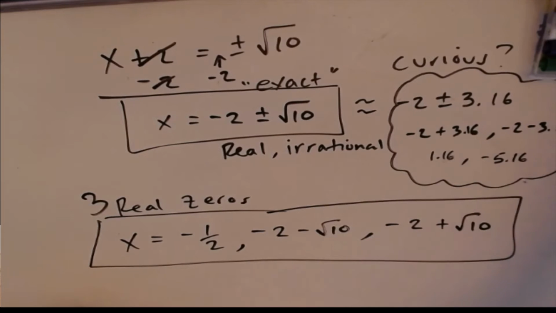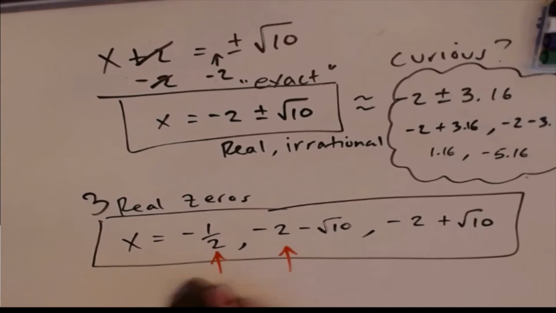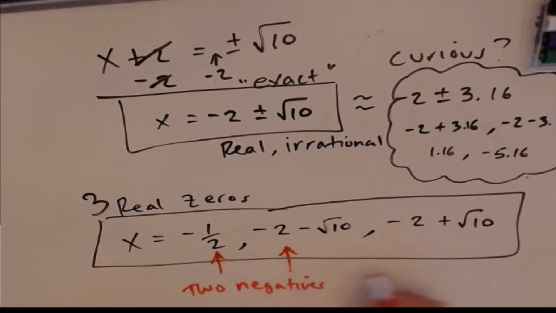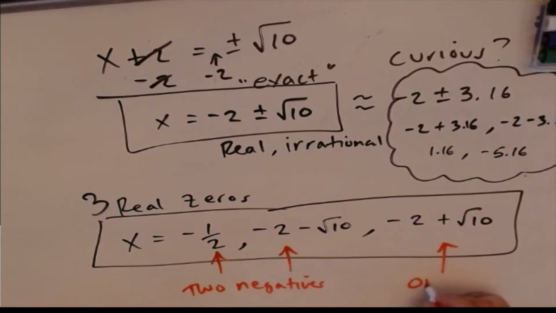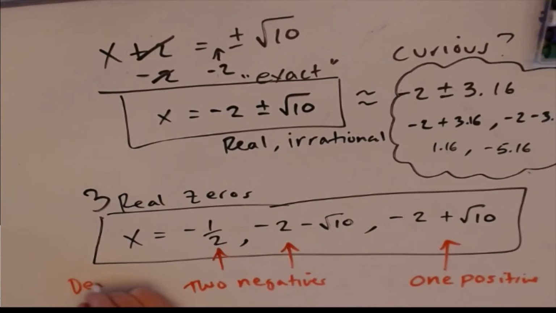And if you think of the rule of signs that we talked about, Descartes' rule of signs, we have 2 negatives and 1 positive. So Descartes was right.